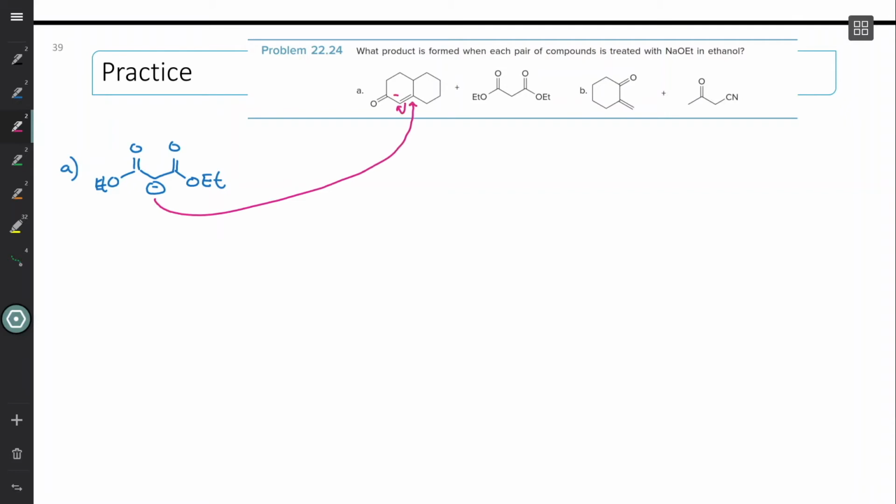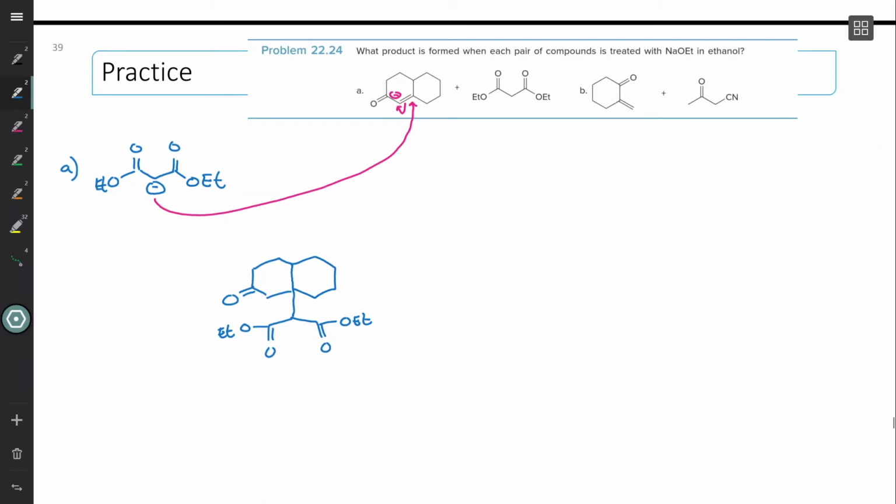And that'll put a negative charge here that will get quenched. And my final product, ketone stays, and that's it.